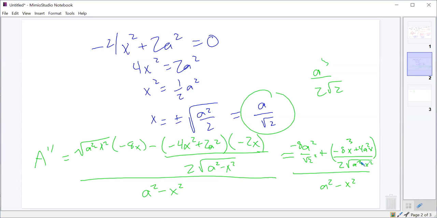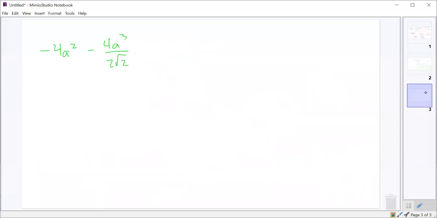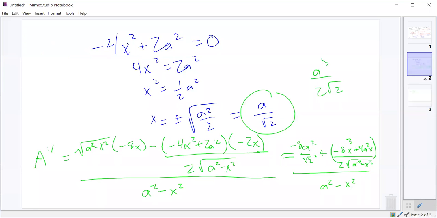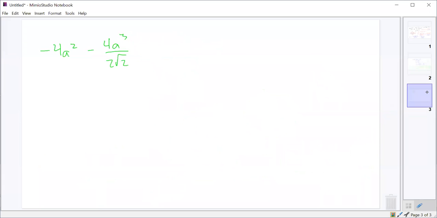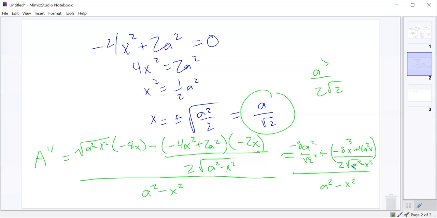Next piece of it, if I divide this by 2, that's 2a squared times x, so 2a cubed over root 2. And that's a plus, so plus 2a cubed over root 2. And then that's all over root a squared minus x squared, which we already figured out.